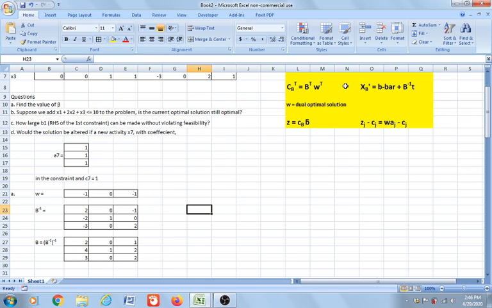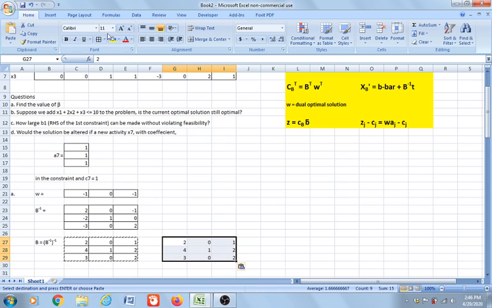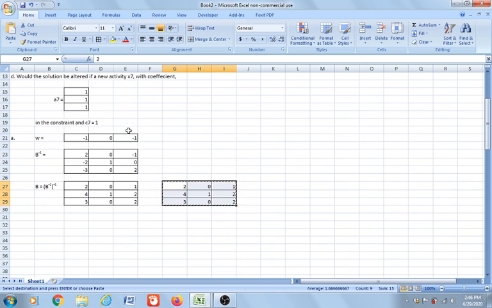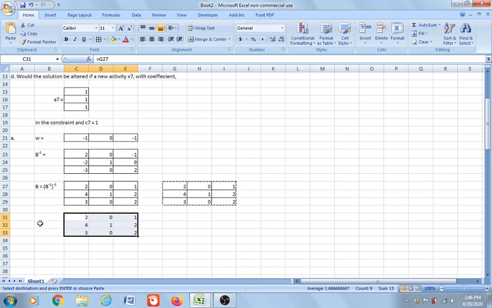But we need the B transpose over here, so we need to find the transpose of B. In order to do that, I copy and paste values of the B matrix, and then I do paste transpose. So this is the B transpose.